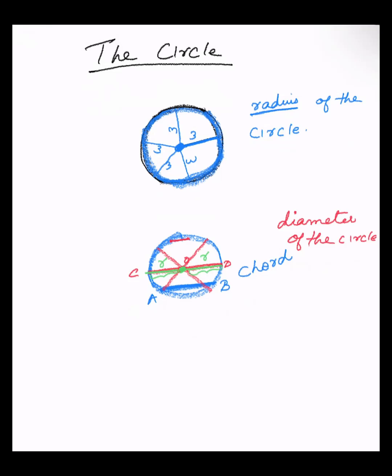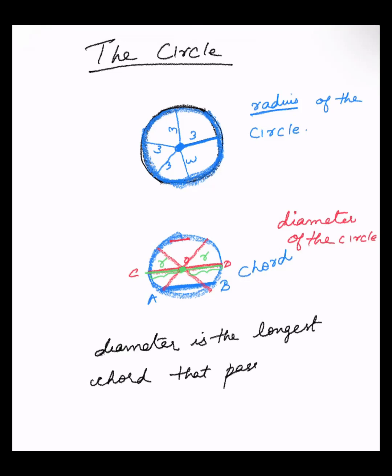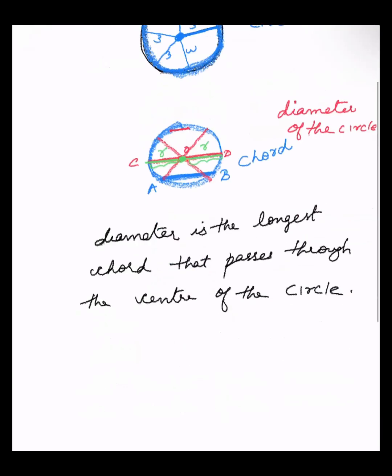Diameter is the longest chord that passes through the center of the circle. One more thing you need to understand is that diameter is equal to r plus r.